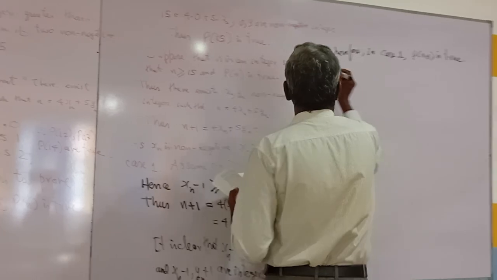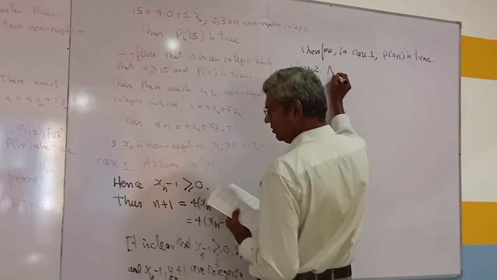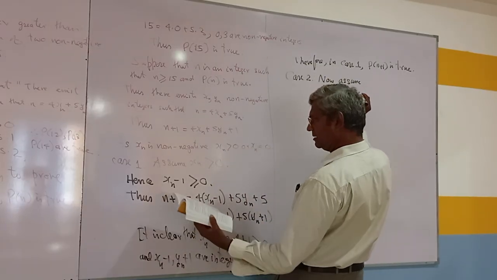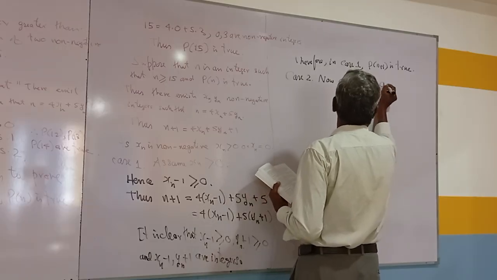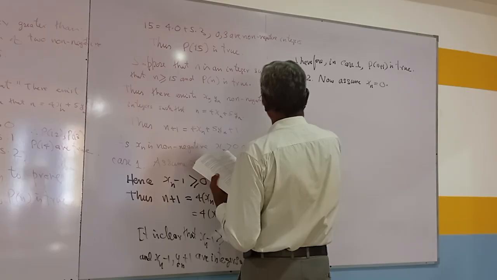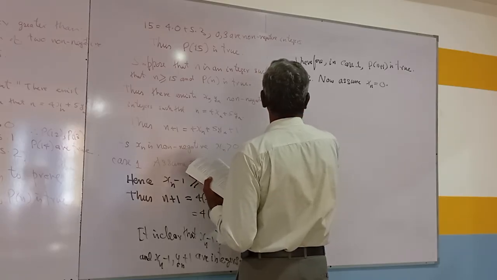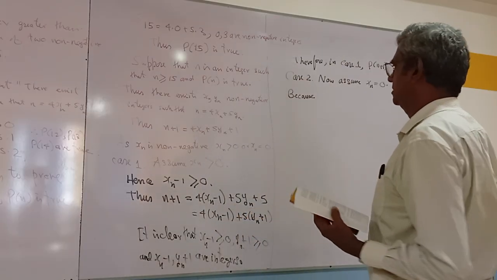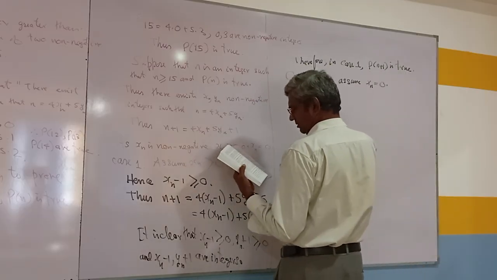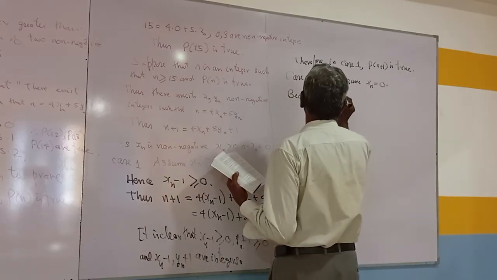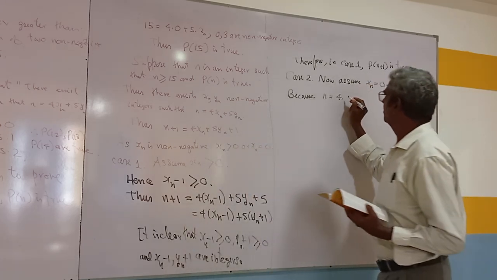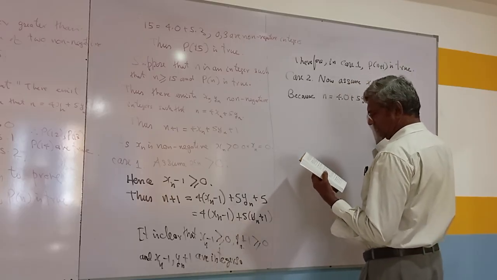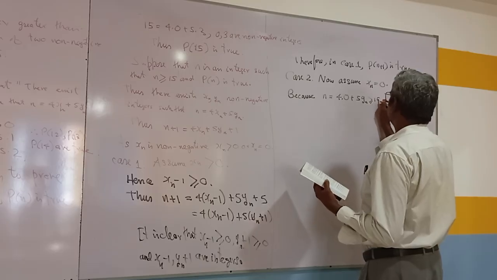Case 2. Now, assume xn equal to 0. Hence, because n is equal to 4 times xn plus 5 times yn, and my xn is 0 now, n is equal to 5 times yn, and n is greater than or equal to 15.